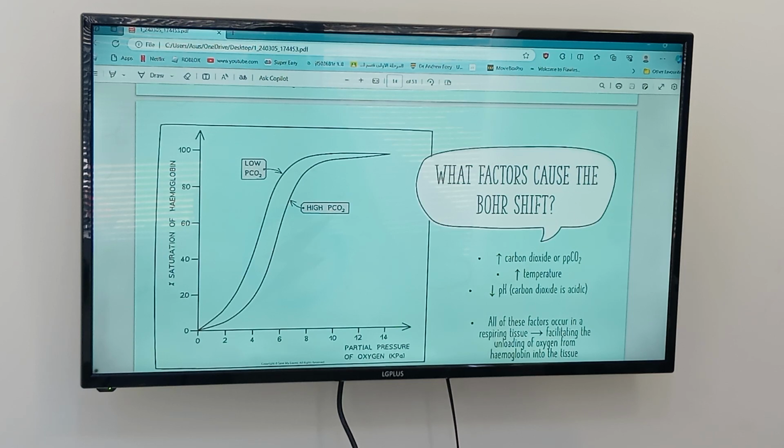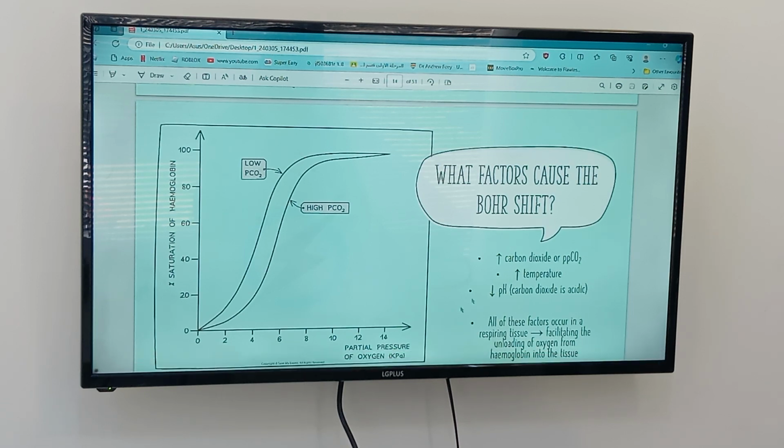Here they ask what factor causes the Bohr shift. When carbon dioxide is low and when carbon dioxide is high, the saturation with the low is very high.